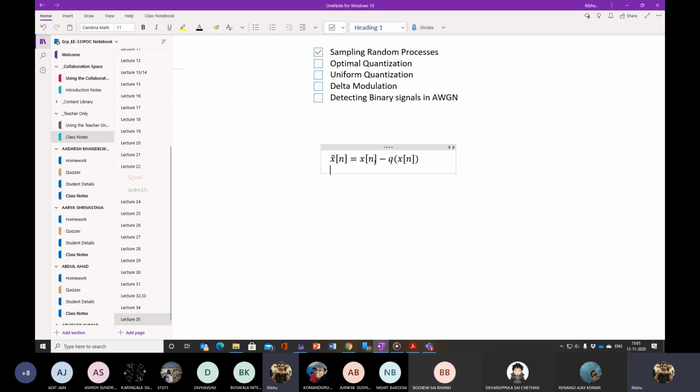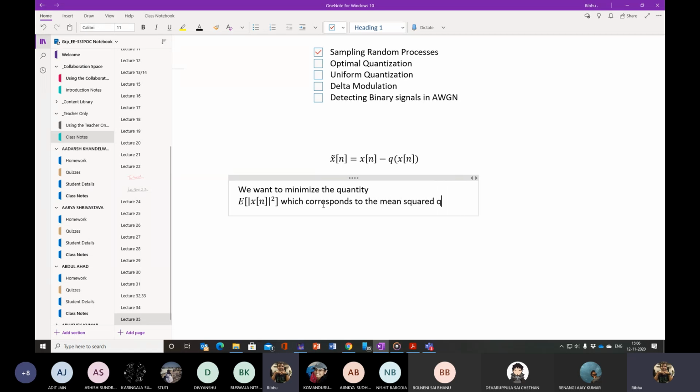We had talked about this, and we had said that we want to minimize the quantity which corresponds to the mean squared quantization error.